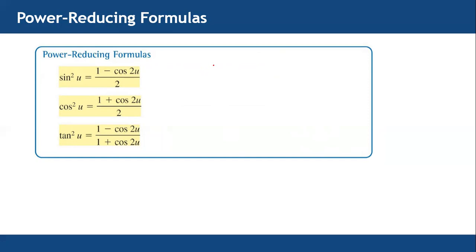Like we have cosine of alpha plus beta, or cosine of x plus x, which equals cosine square x minus sine square x. It means that we have cosine of 2x equal to cosine square x minus sine square x.